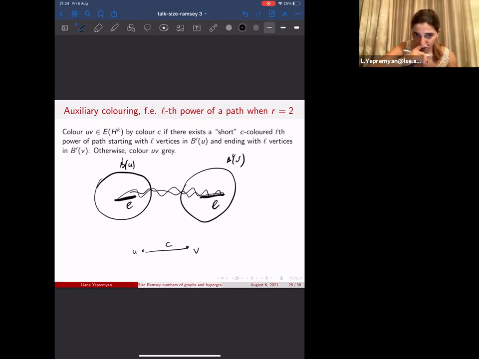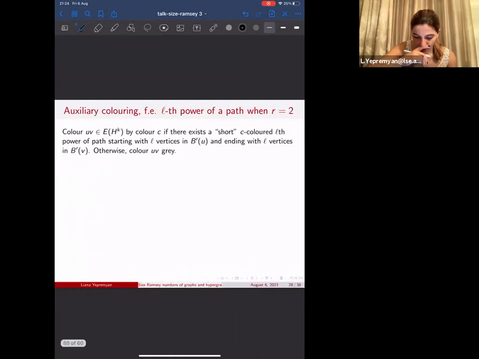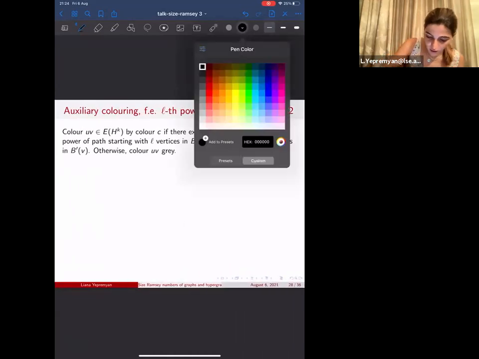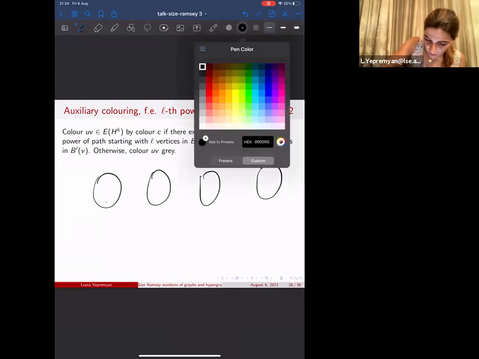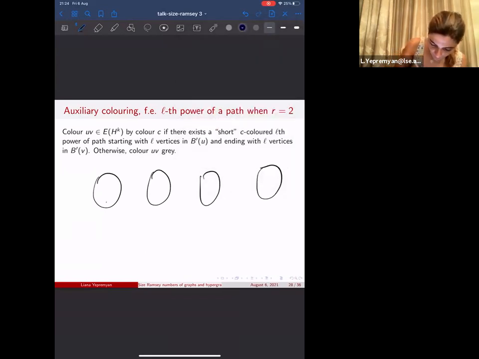What happens is that now if I can actually find a monochromatic path that's long, so if I can find something like this, so I have a path here and another path here and another path here.